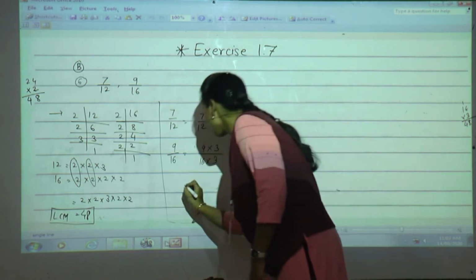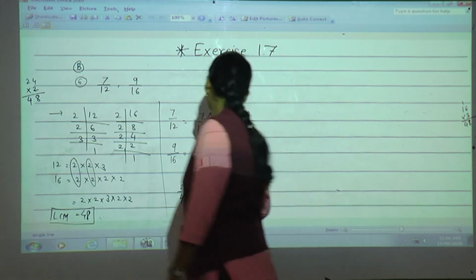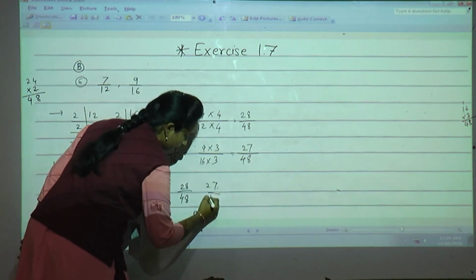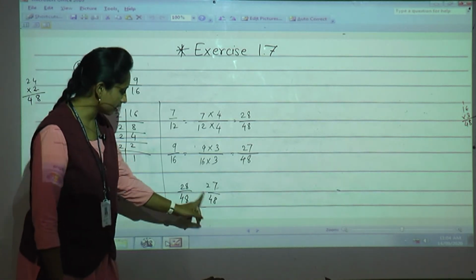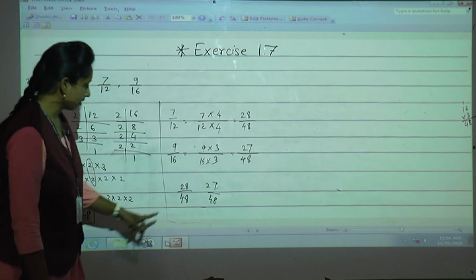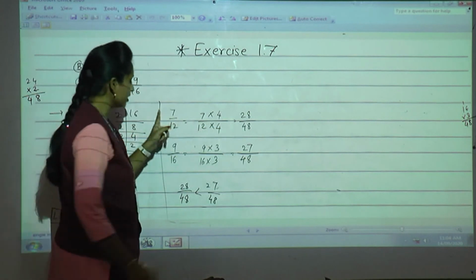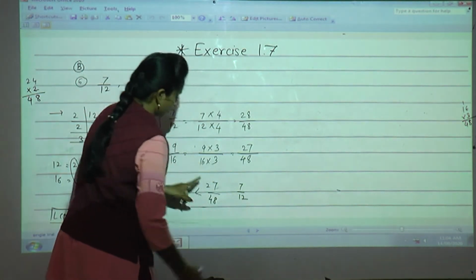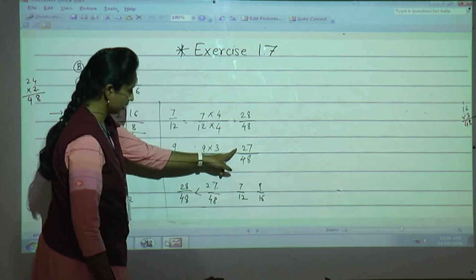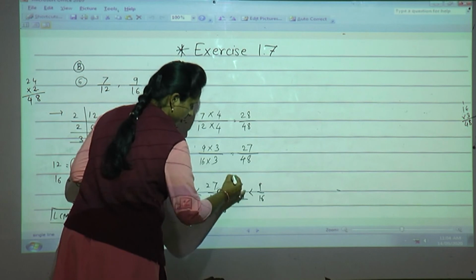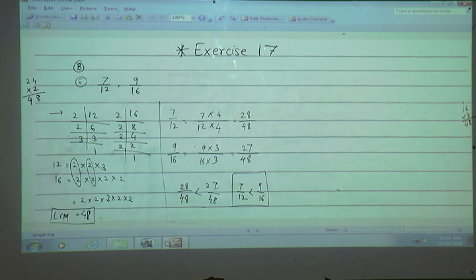Now we got two fractions, that are 28 upon 48 and 27 upon 48. Now compare both the numbers. See, denominators are same. Which is smaller? 28 or 27? Of course 27. But what is 28 upon 48? 7 upon 12. And 27 upon 48 means 9 upon 16. Which is smaller? 27 means 9 upon 16. Clear? Is that clear?